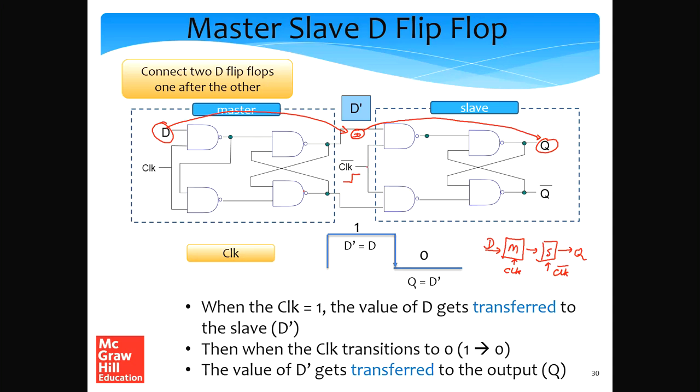Since the clock going into the slave becomes 1 at this particular point, the value between the master and the slave gets transferred to the output of the slave with some small delay, of course. So we have Q is equal to D dash, right? So what is exactly happening?